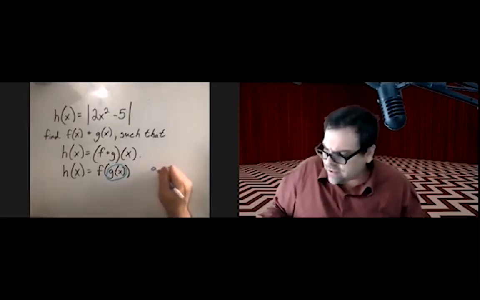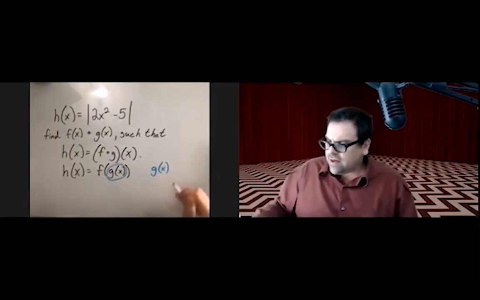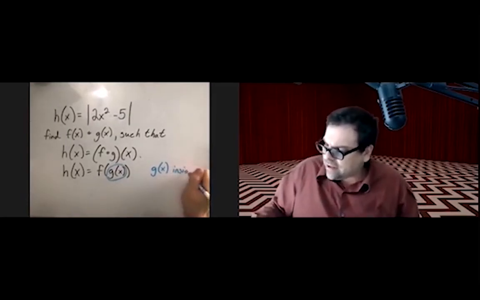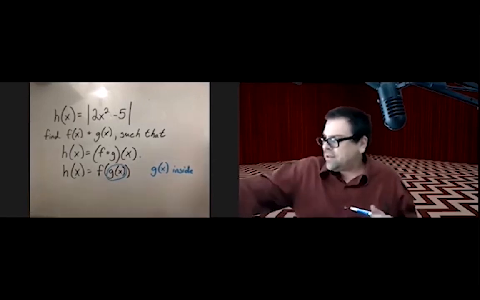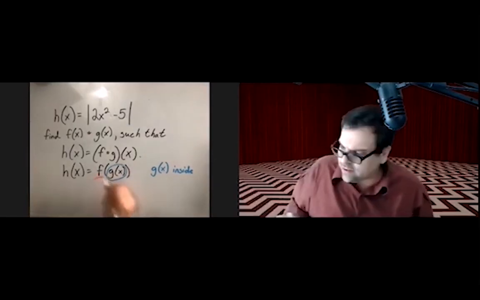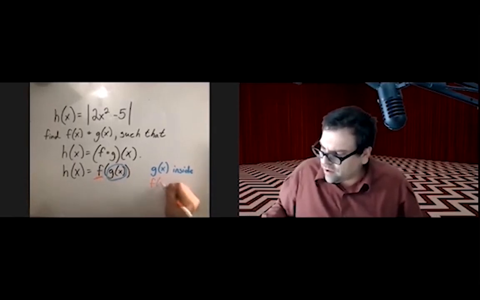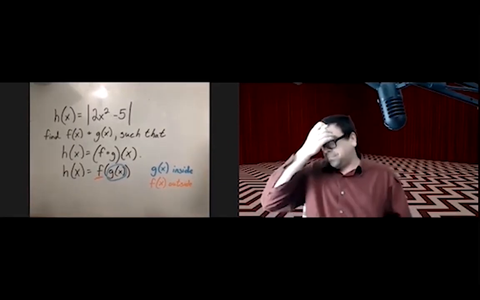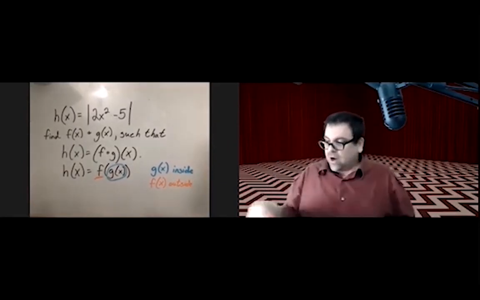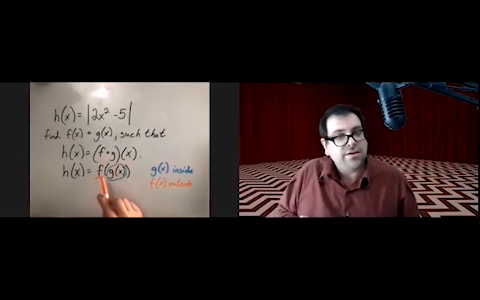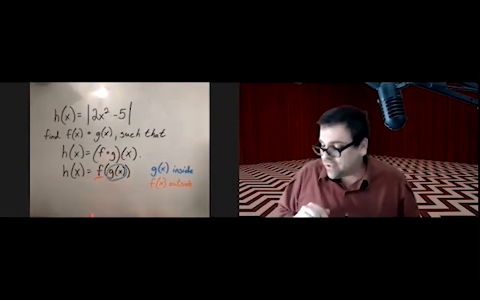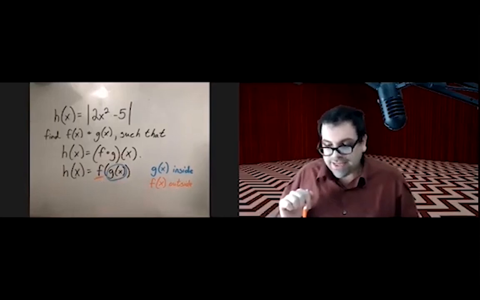So g of x here is going to be our inside function. And that means f of x is going to be what we call the outside function. So why do we call g of x the inside function? Because when we write f composite g as f of g of x, g of x is on the inside.